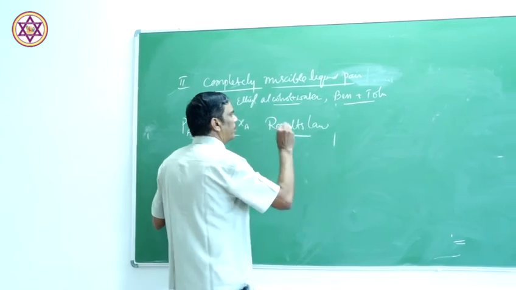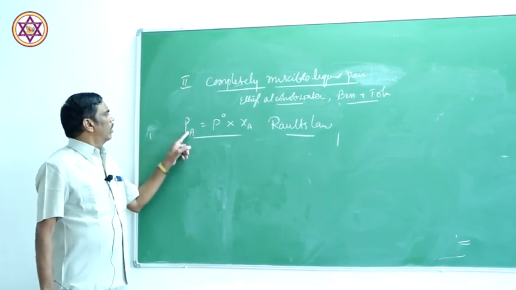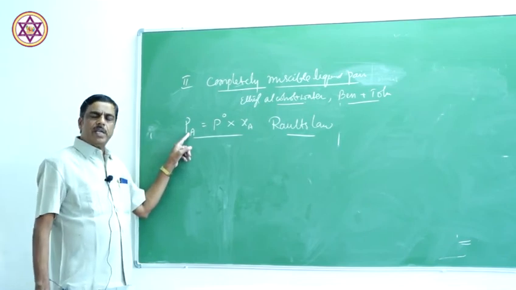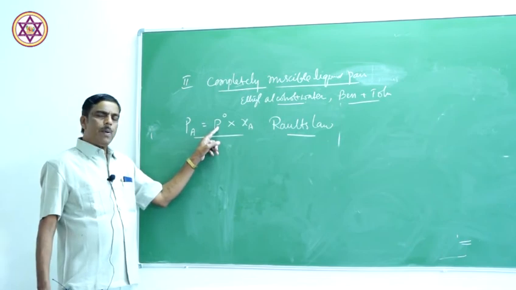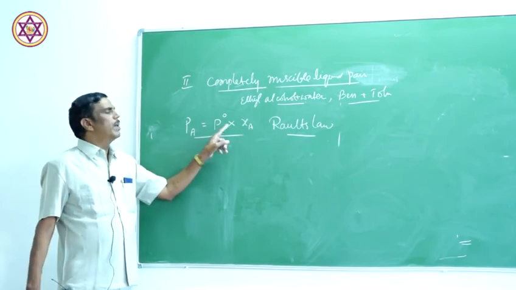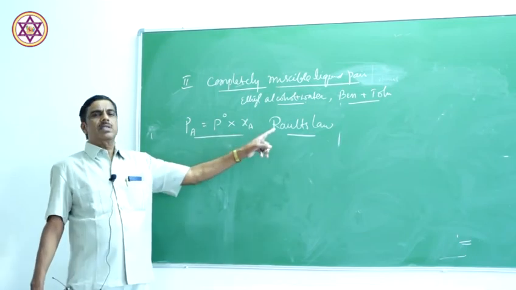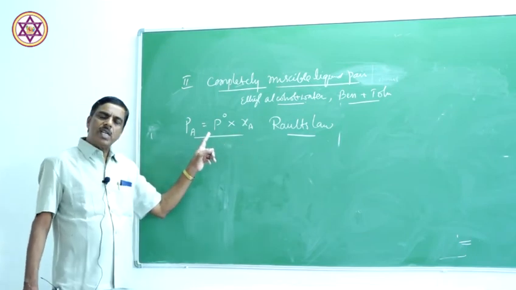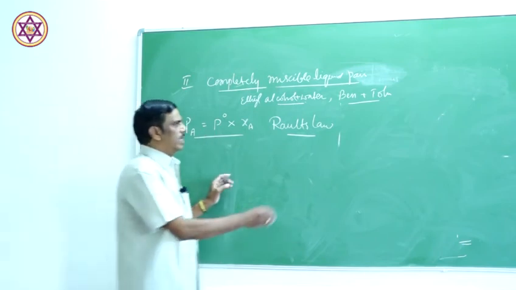Raoult's law says that the vapor pressure of a component in the mixture is equal to its vapor pressure in its pure state multiplied by its mole fraction in the mixture. If it obeys this at any concentration, at any temperature, that is called an ideal solution.